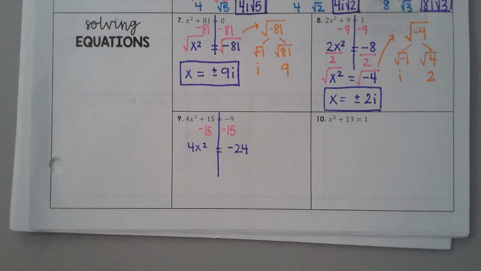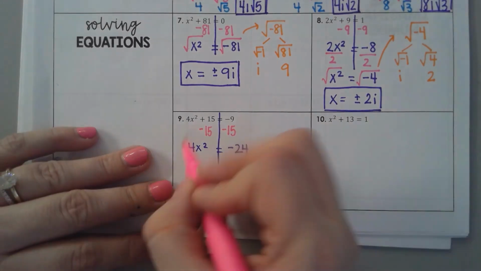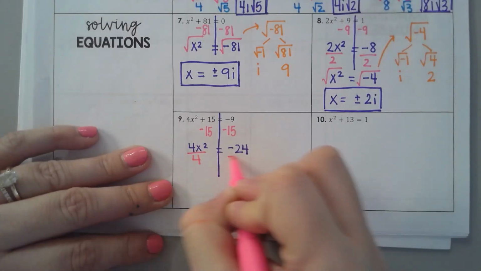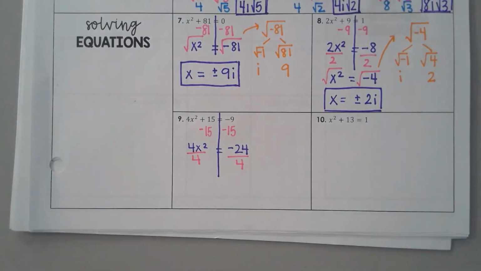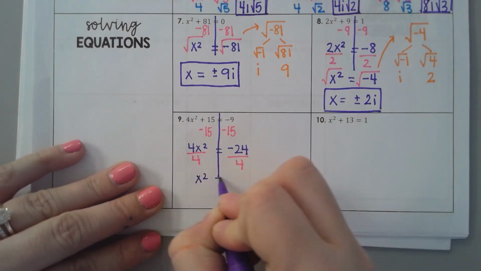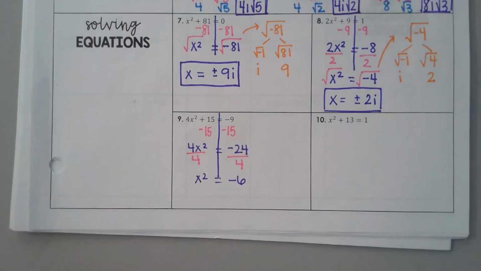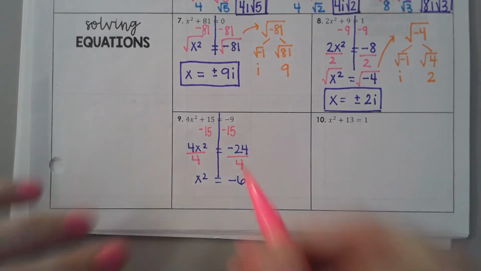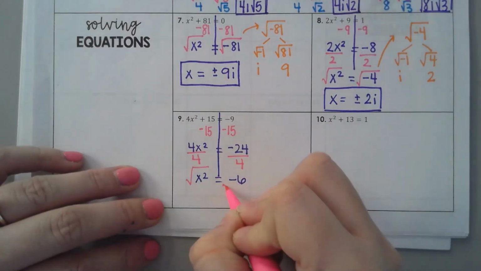And then what? Divide by 4 to get x squared equals negative 6. And then I take the square root.